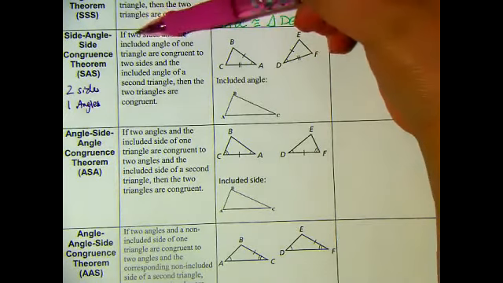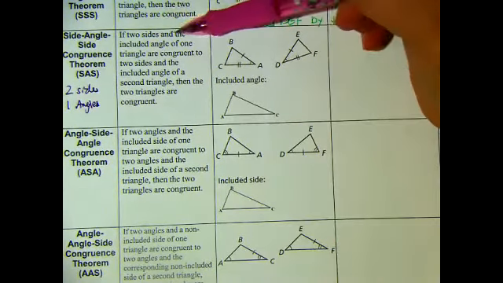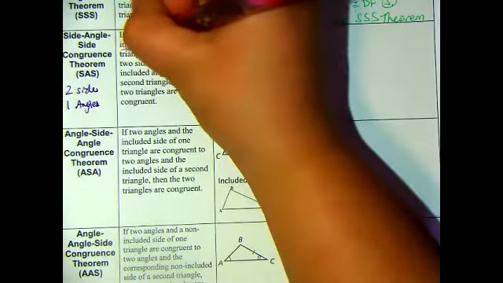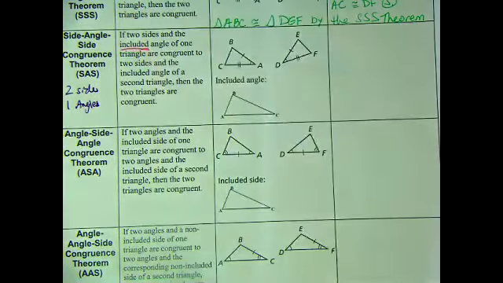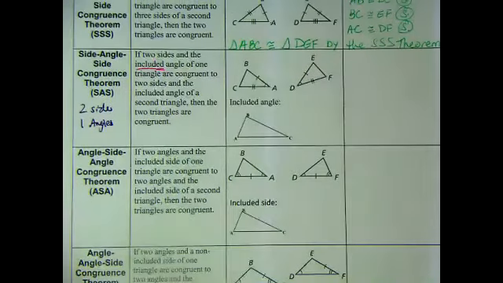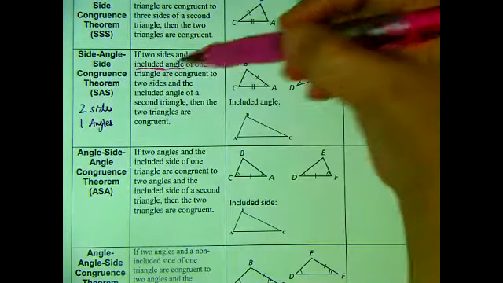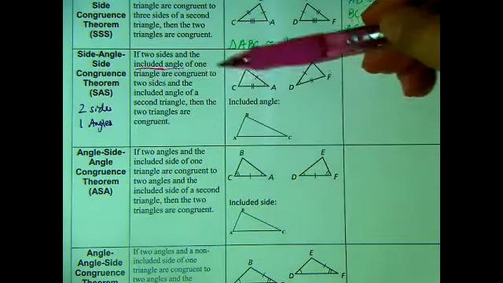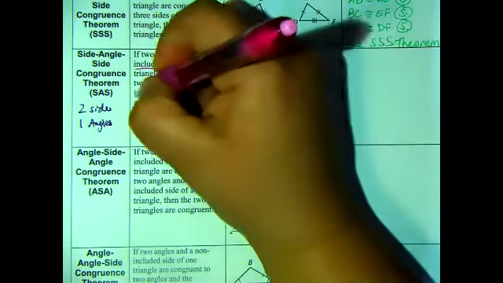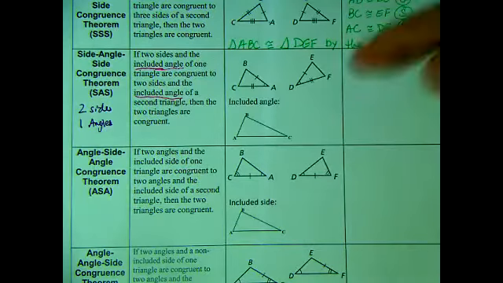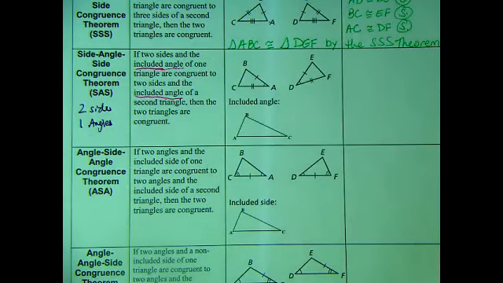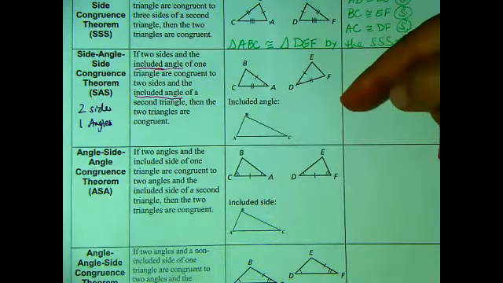So it says if 2 sides and the included angle, and we'll talk about what included angle means, if 2 sides and the included angle of one triangle are congruent to 2 sides and the included angle of a second triangle, then the two triangles are congruent.